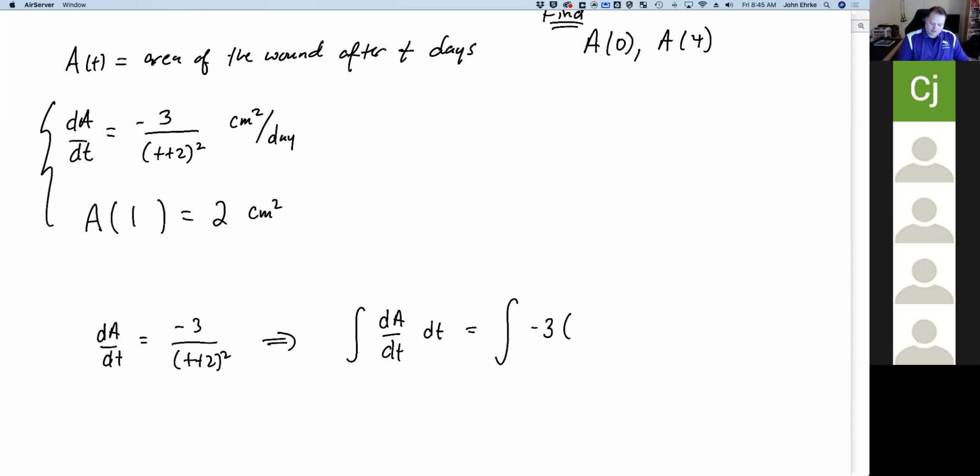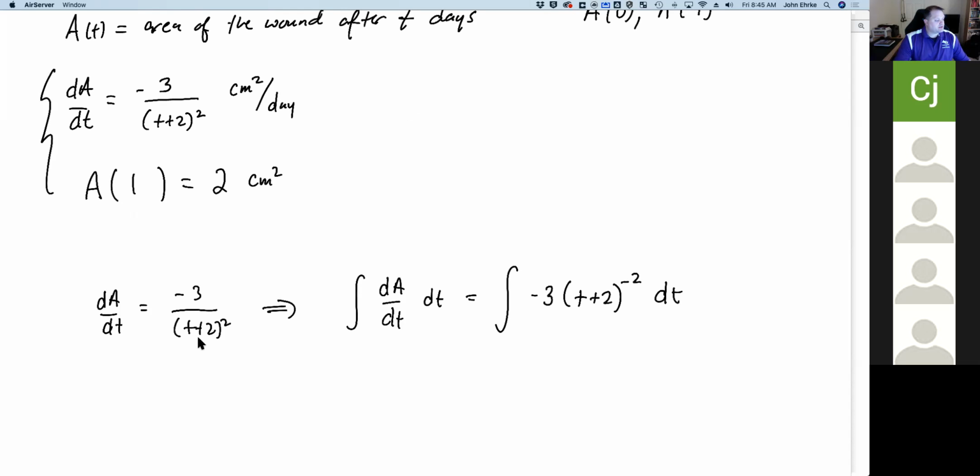And I'm going to write the (t plus 2) squared as (t plus 2) to the negative 2 on that side. Since it's in the denominator, it carries a negative exponent. All right, on the left-hand side, dt's cancel. We've got the antiderivative of dA.